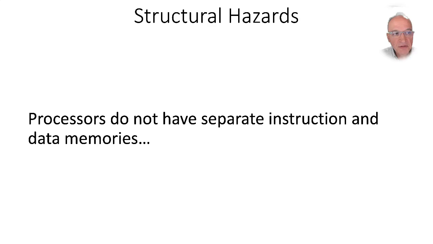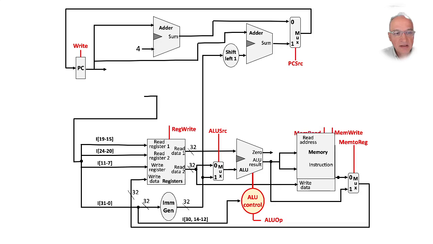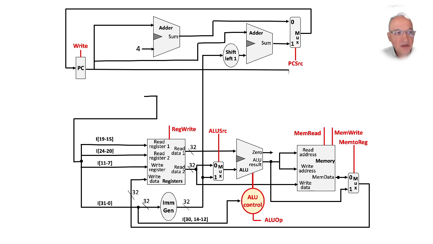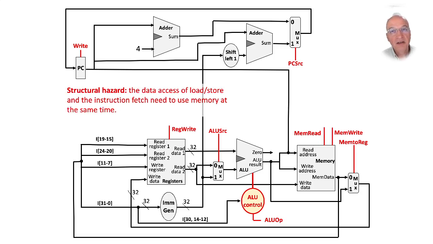So how do we solve this problem? First of all, we need to know that there are no two memories, so there is only one memory. Therefore, for instruction fetching we send the PC to that single memory, and the result that comes from that memory when I fetch an instruction is the instruction that's used. So that's the fix that I had to do to my design to make it more realistic. So now I have a structural hazard.